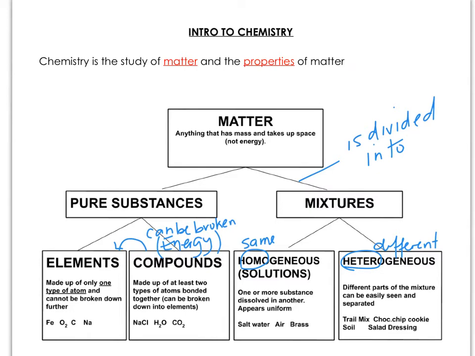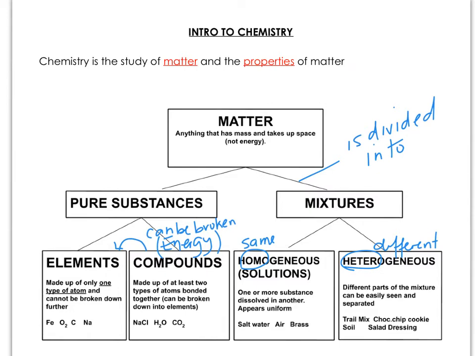Air. Air, we have a whole bunch of different gases like oxygen, nitrogen, argon. Brass too. That's copper and zinc. And heterogeneous mixtures, these can be identified because you see the different parts of them, and they can be easily separated.